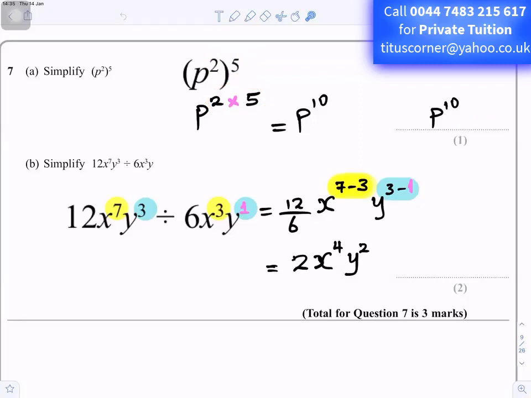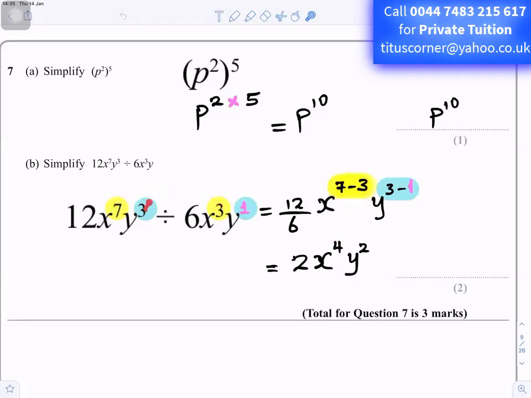Simplify 12x to the power 7 y cubed divided by 6x cubed y. So we do 12 divided by 6 is 2. x to the 7 divided by x to the 3: 7 minus 3 is 4.